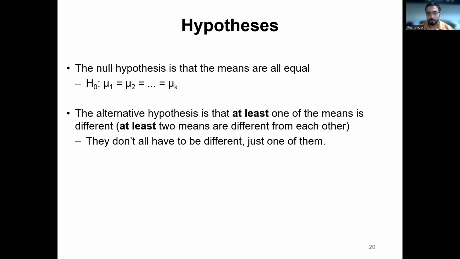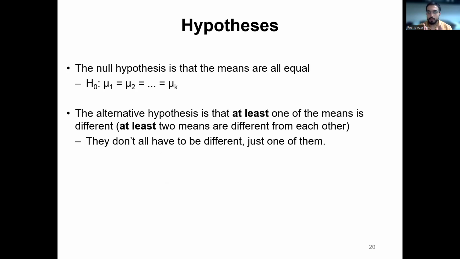That's our null hypothesis. So the means are all equal. But the alternative hypothesis is that at least, this is very important, that's why it's in bold, at least one of the means is different. Or at least two means are different from each other.